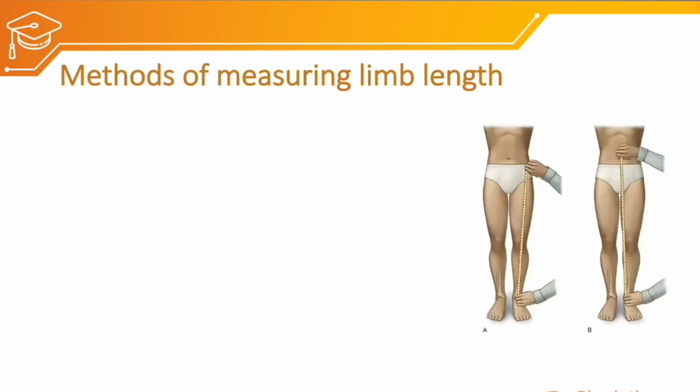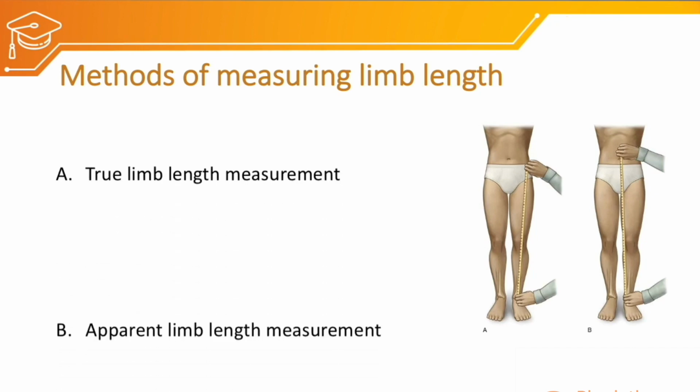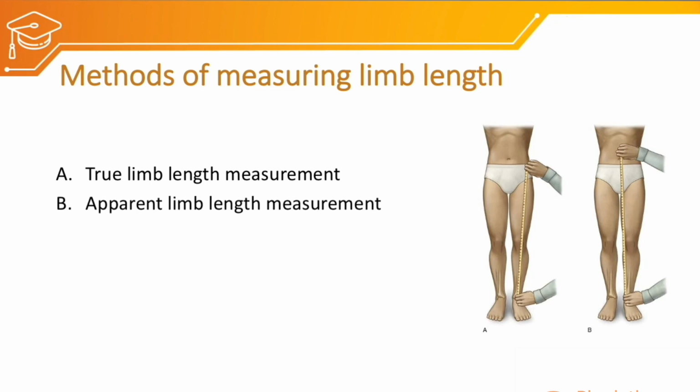Now let's move on to methods of measuring limb length. What are the types of methods that can be used to measure the limb length? Primarily, two types of methods are used. Number A, true limb length measurement, and number B, apparent limb length measurement.